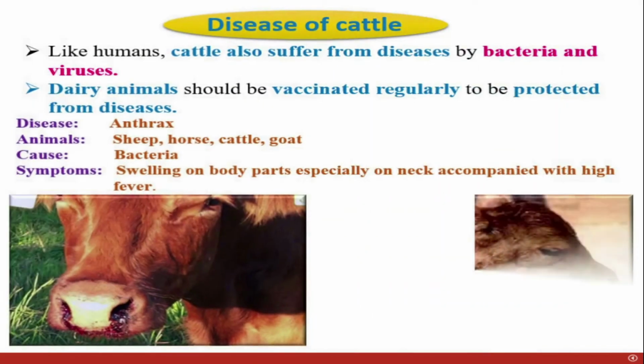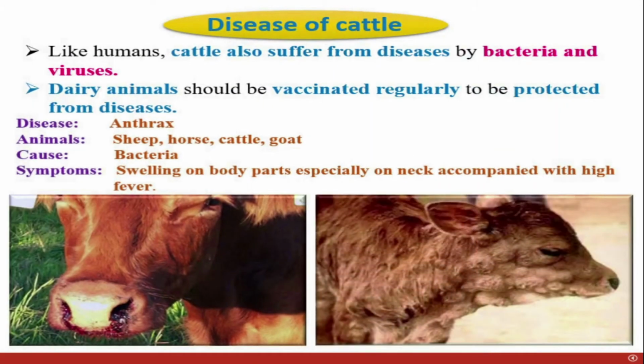Next, diseases of cattle. Human beings also suffer from bacterial and viral diseases. Likewise, cattle also suffer from bacteria and viruses. We can prevent this by giving proper vaccination regularly. First, the disease name: anthrax. Animals affected: sheep, horse, cattle, goat.